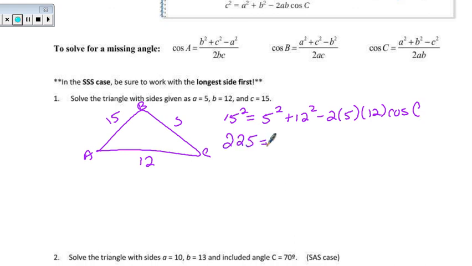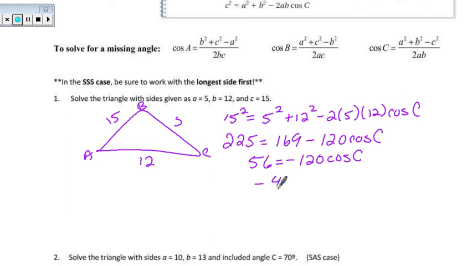We got 225. 5 squared plus 12 squared is 169, minus 120 cosine of C. Subtracting the 169 over, we get 56 is equal to minus 120 cosine C. Dividing by negative 120, we get negative 0.46 repeating for cosine C.